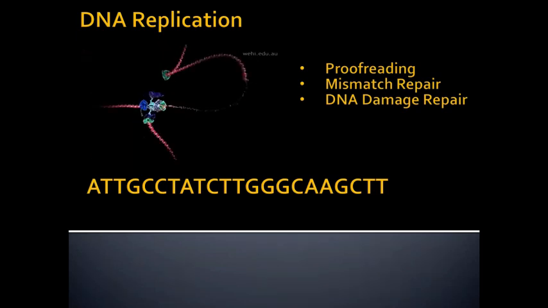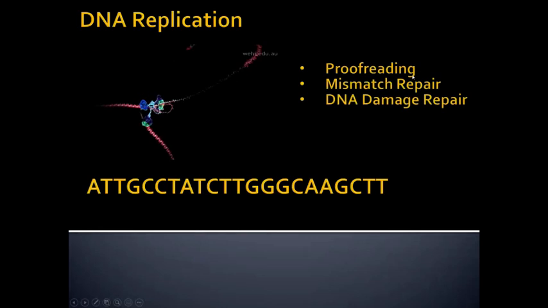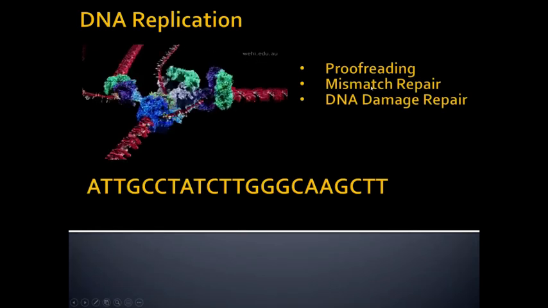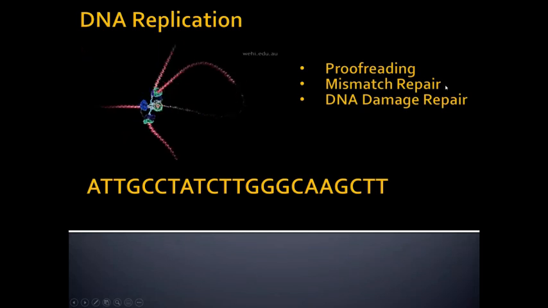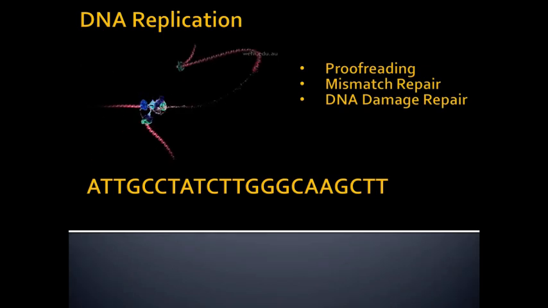Now, when the DNA is being replicated, the polymerase enzyme has a proofreading mechanism, so that reduces the number of mistakes that are made. Not only that, but if the polymerase makes a mistake, there actually are repair mechanisms where, due to some chemical difference between the new strand of DNA and the old strand of DNA, that mismatch between the base pair can be recognized and fixed.